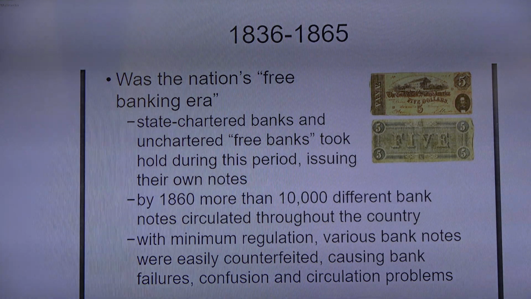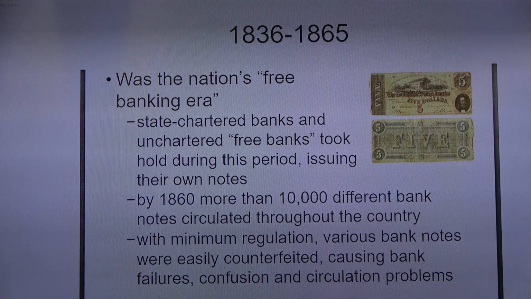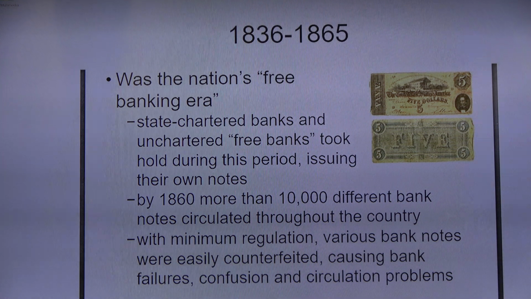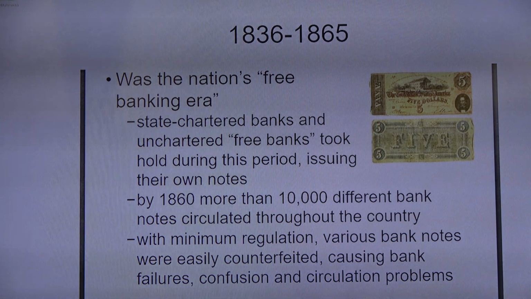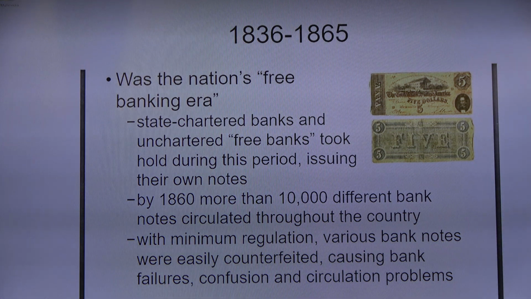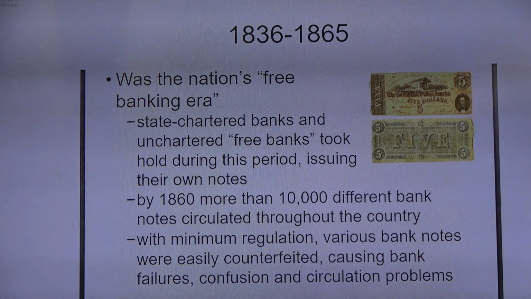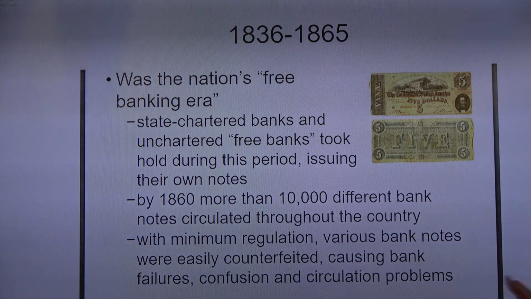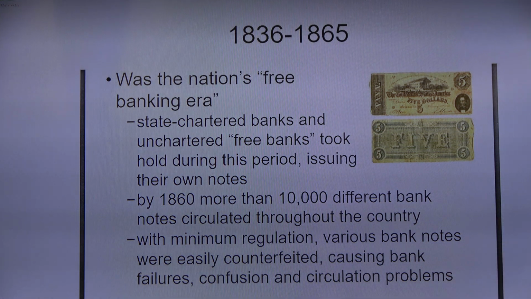So there were all these different types of currency out there. By 1860, more than 10,000 different banknotes circulated throughout the country. So it was mass confusion, because one bank had their own type of currency, another bank in that state had a different kind. So 10,000 different kinds of currency.